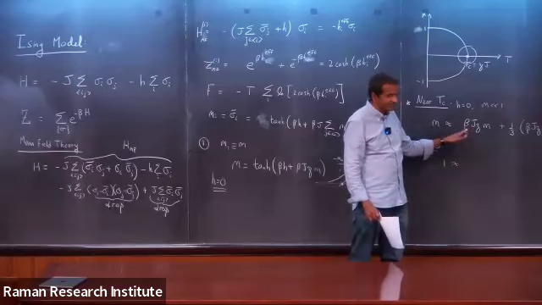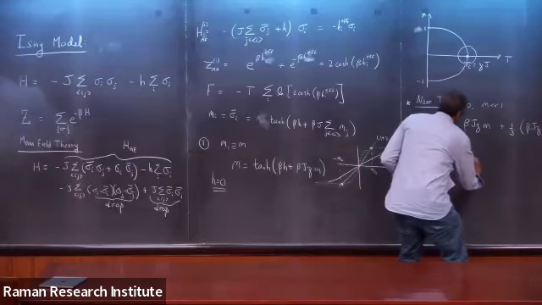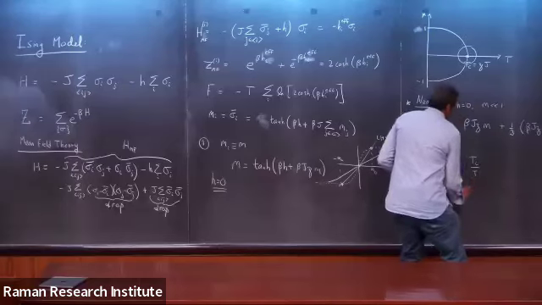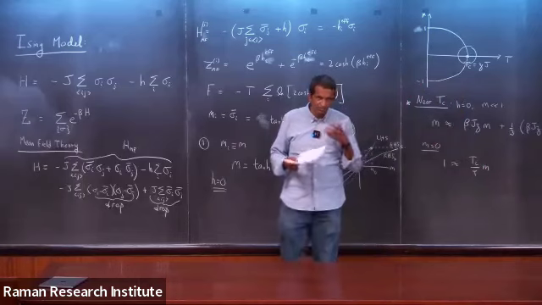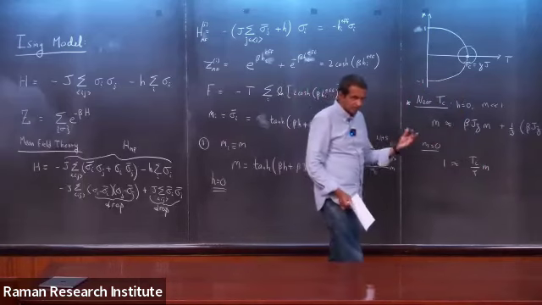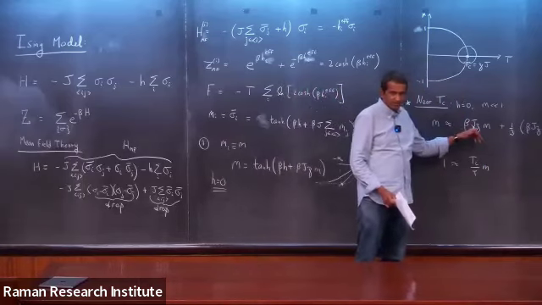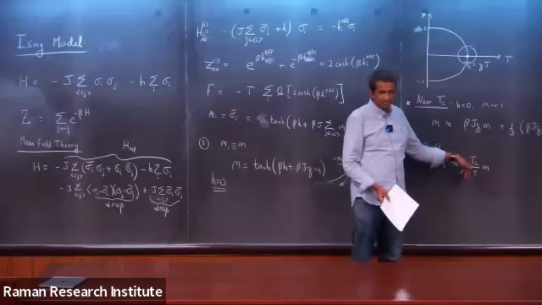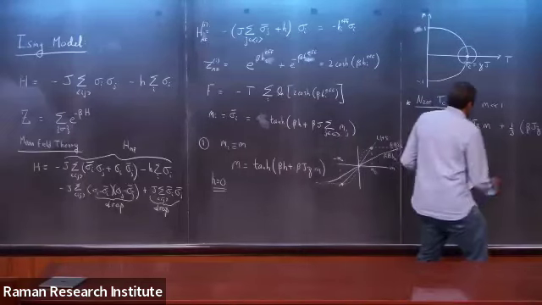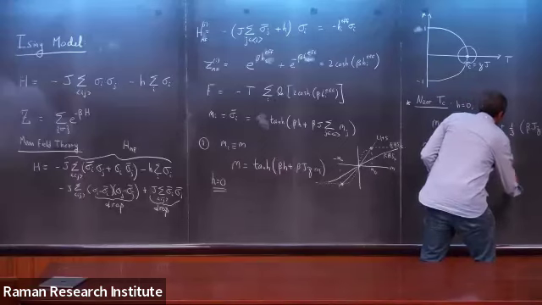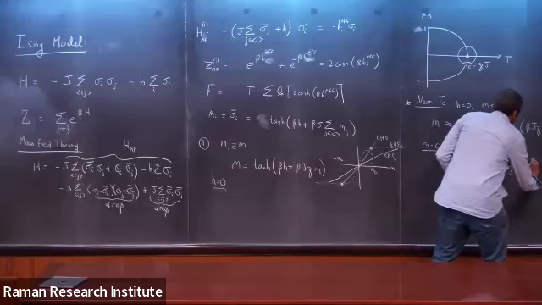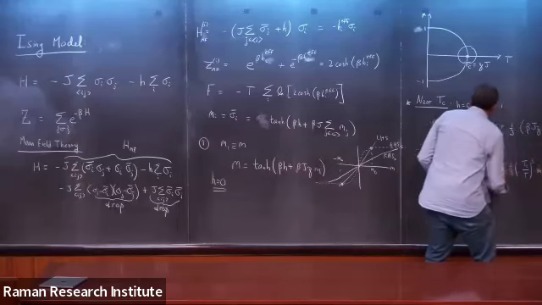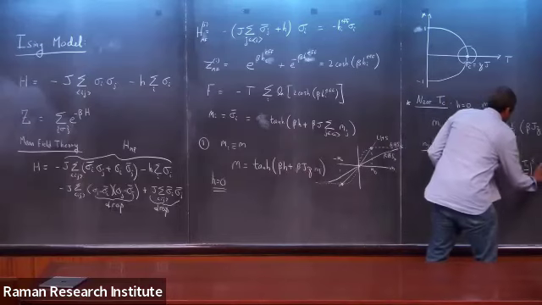So I'm going to write this as Tc divided by temperature times m. This is in the spirit of the van der Waals way of trading microscopic unknowns, in this case J, for something that you know, which is the measured Tc, right? Plus 1/3 Tc by T times, sorry, there's no m here.